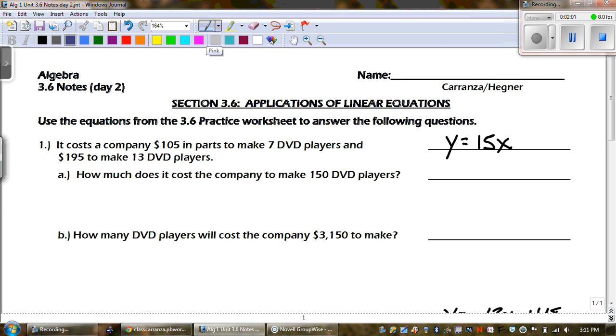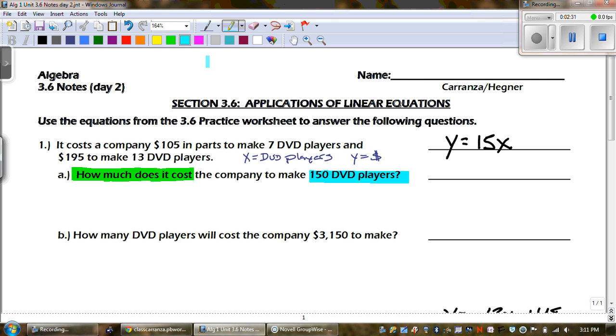Well, remember that X was the DVD players. And anytime we're talking about Y, most of the time it's going to be your money. So looking at question A, it says, how much does it cost the company to make 150 DVD players?